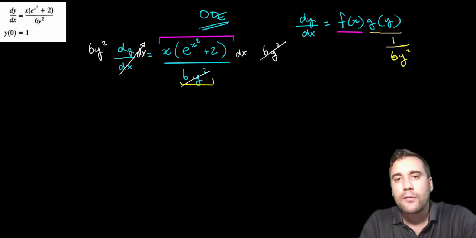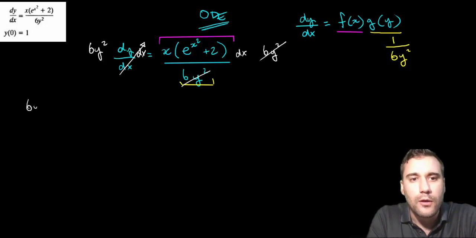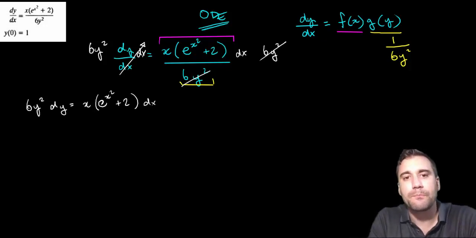And now we've got all of the y terms on the left and all of the x terms on the right. So I'll write that out a bit clearer for you: we've got 6y squared dy is equal to x multiplied by e to the x squared plus 2 dx.